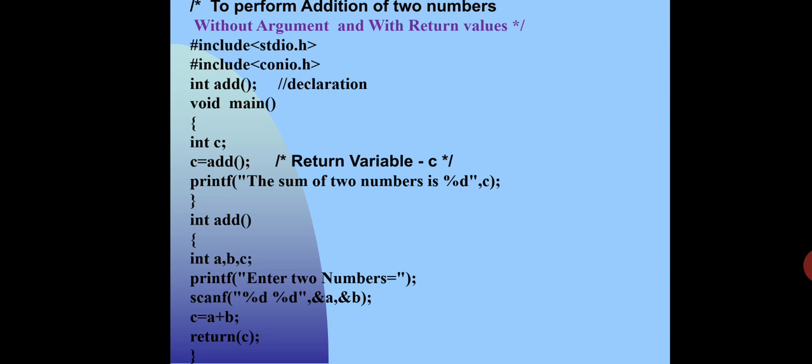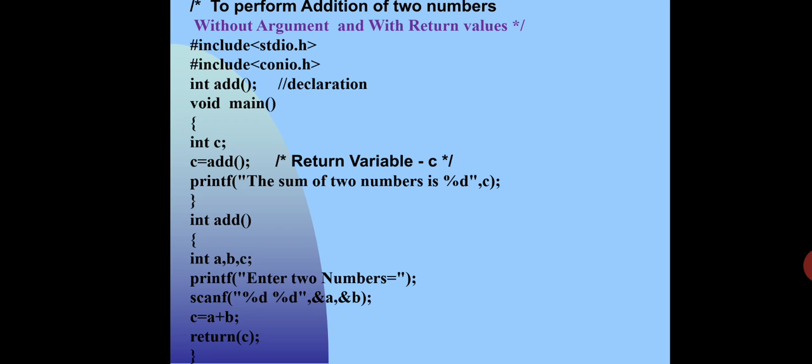When we come to the main, we can see c equal to add of, because we are returning that value. So that returned value should be stored into some variable. That is why we are using c equal to add of. When calling that function, we store that return value in another variable.